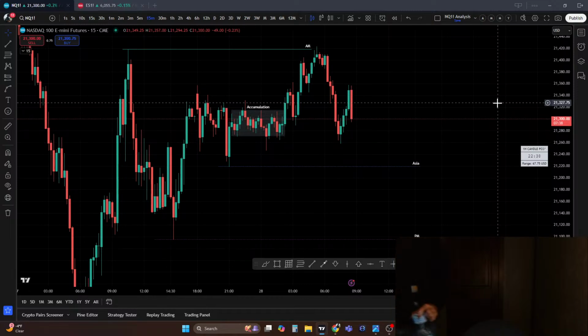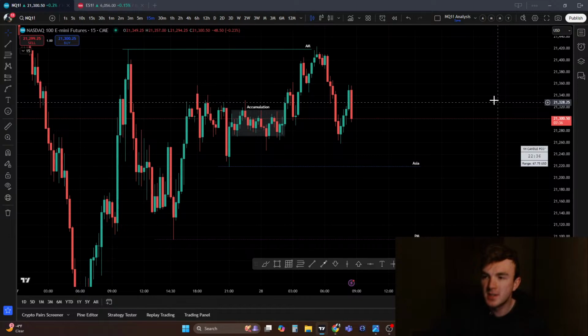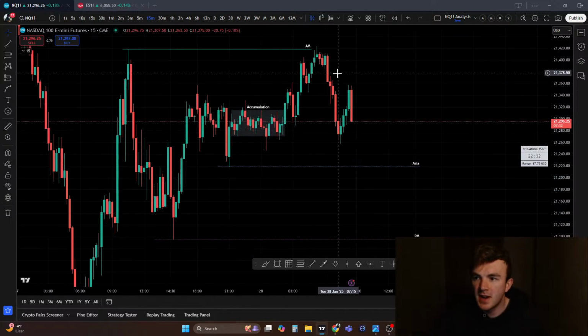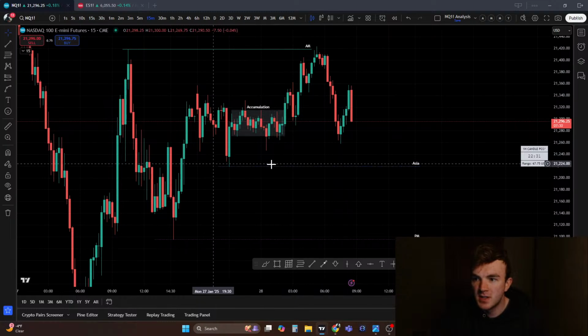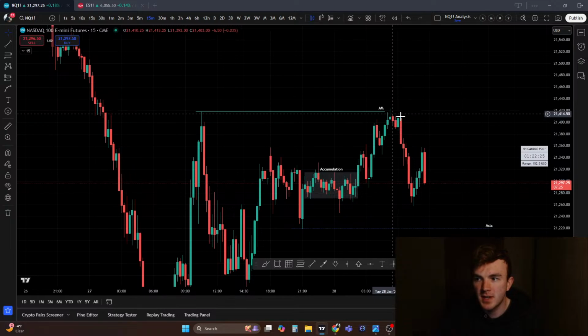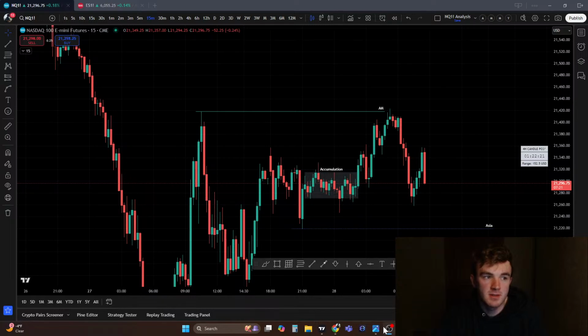I would almost consider this consolidation still, because we got SMT here, SMT here, drawn liquidity below, and high of the day above with this kind of LRLR-ish type thing. With all that in mind, I'm not taking a trade yet.